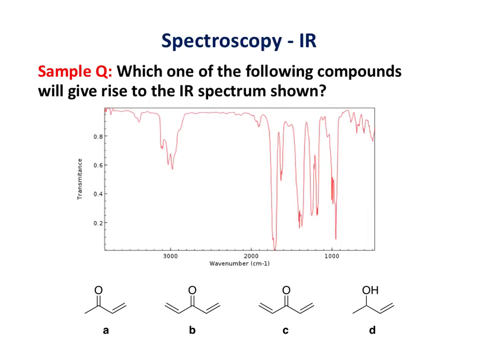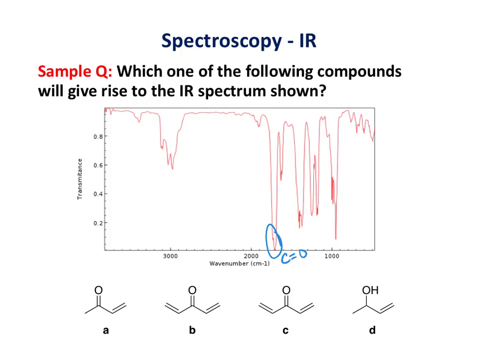One of the most important stretches in this spectrum is right here. This one's very strong and intense. It's about 1700. That's a C double bond O.